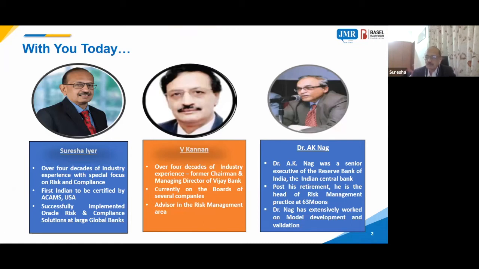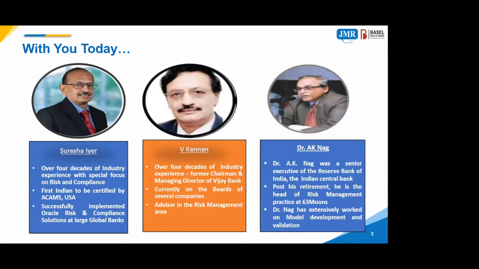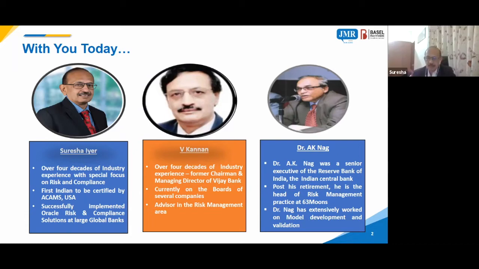He is a well-known personality in the area of modeling. He was a senior executive of the Indian Central Bank, Reserve Bank of India. Post his retirement, currently he is heading the entire risk management practice in a listed company called 63 Moons. He is widely known for working extensively in delivering models, especially in the area of credit risk.